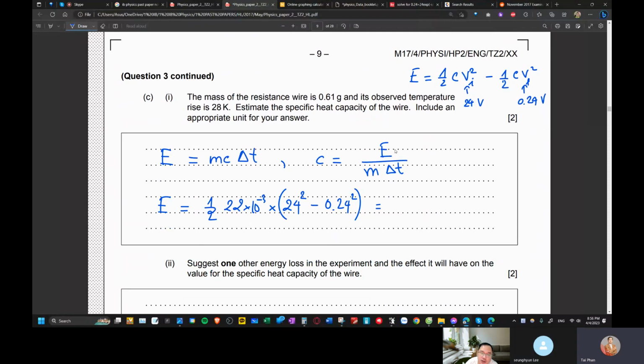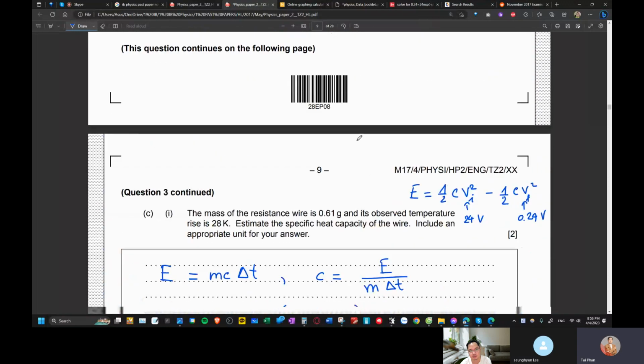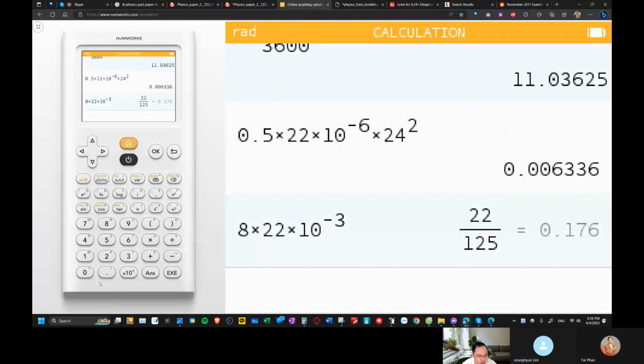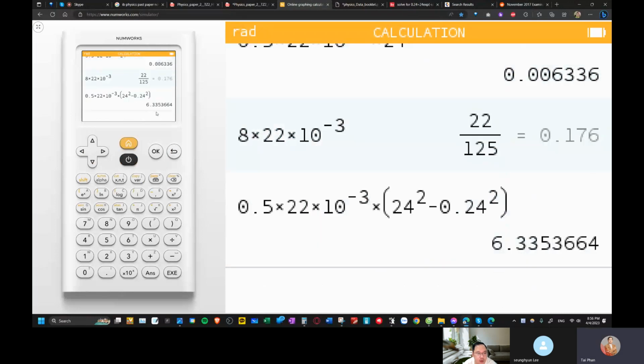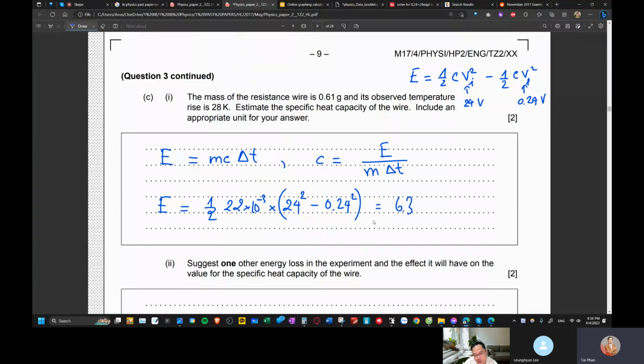This is the energy that the capacitor releases in that time. 1/2 multiplied with 22 times 10 to negative 3, converted to farad, times 24 squared minus 0.24 squared, and have this result 6.3 joule.